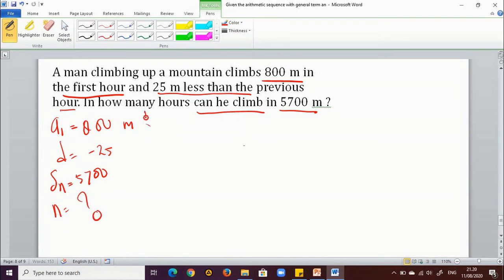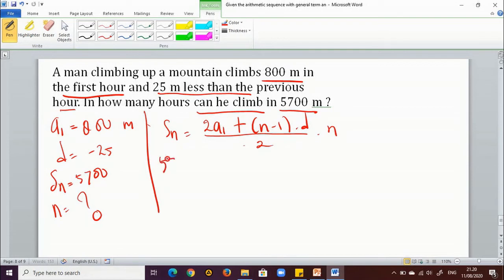So from here we can use the alternative formula. Sn equals 2 times the first term plus n minus 1 times d, over 2, times n, everyone. So from here we can substitute everything that we have. 5,700 equals 2 times 800 plus n minus 1 times minus 25, over 2, times n.